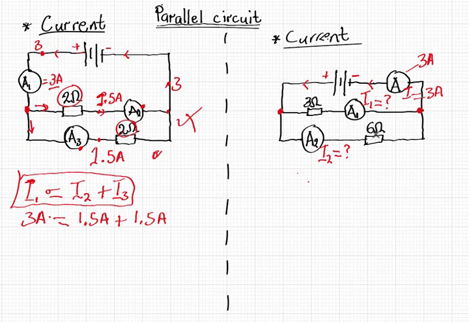So this difficulty of 6 ohms, or the resistance of 6 ohms, is double this one on the first branch on top. So what is going to happen is the current is going to split in such a way that the current here is double the current here.